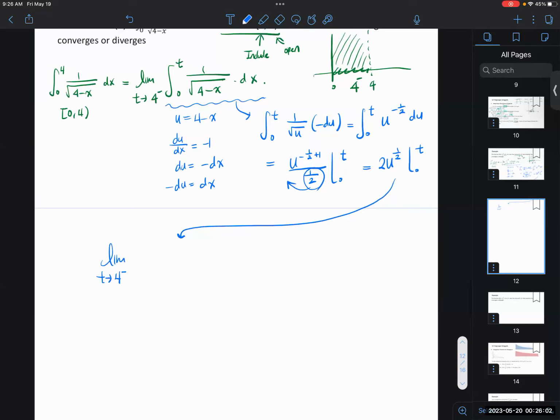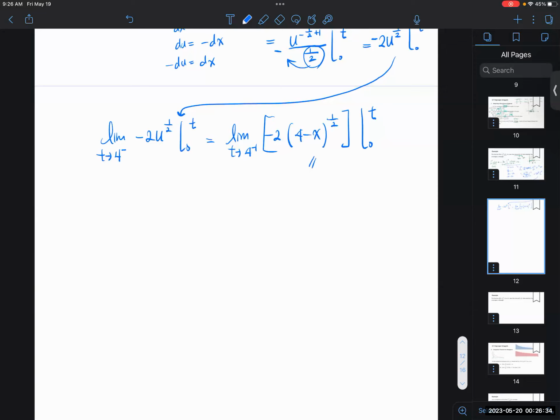I have a negative here, so I'm gonna bring the negative, so -2u to the 1/2 from 0 to t. I can go back to the x variable, which is -2 times 4 minus x, since u was 4 minus x, to the 1/2, from 0 to t.